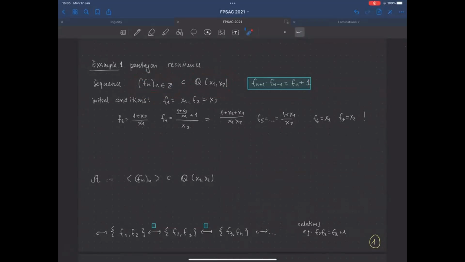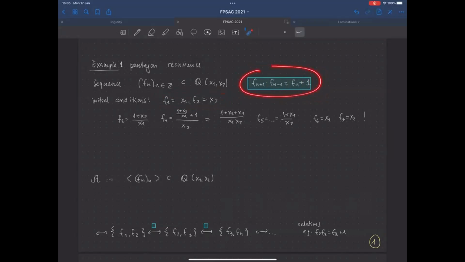And the recurrence is that you get Fn plus 1 as follows, like in this implicit relation: Fn plus 1 times Fn minus 1 is the Fn plus 1. And then the initial conditions, for example, could be that F1 is x1, F2 is x2.